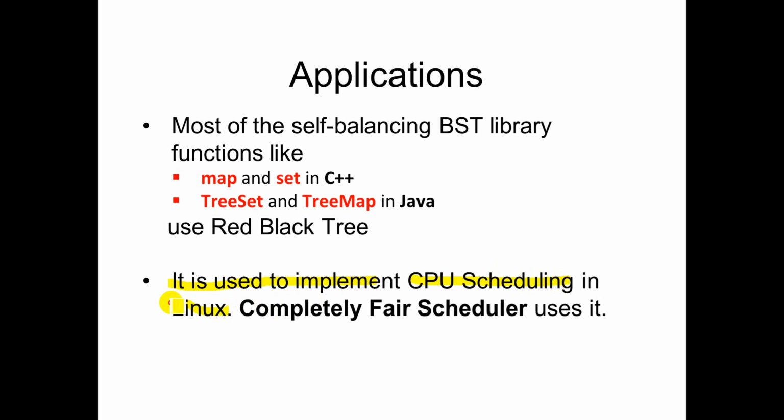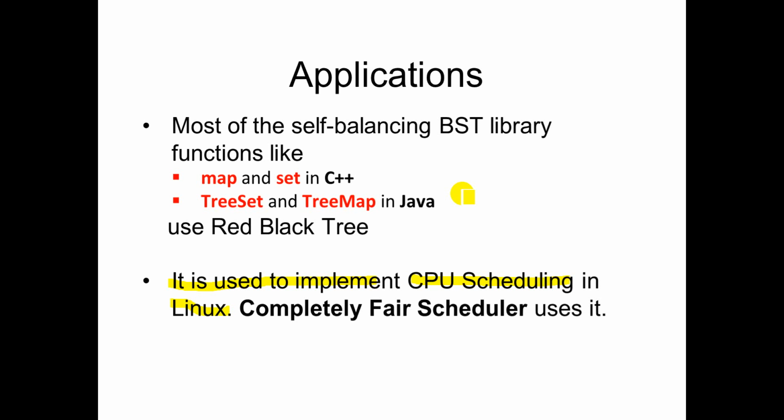So library functions in C++ and Java use red-black tree. And these are the short applications of red-black tree. Now let us look at the ins and outs of it.